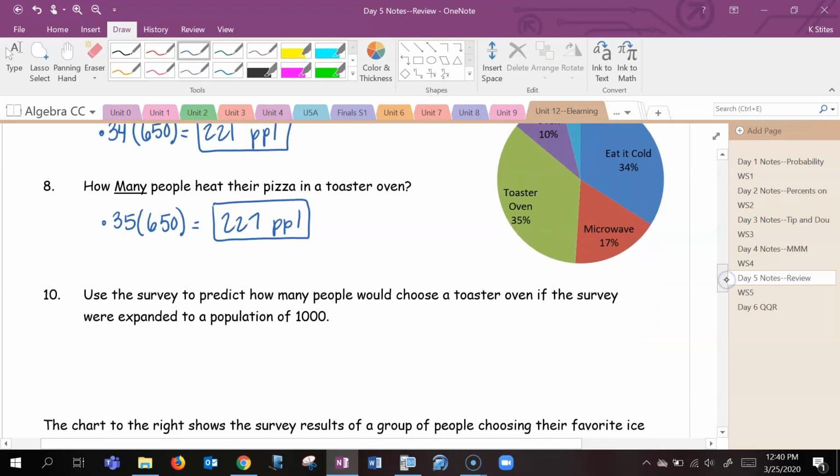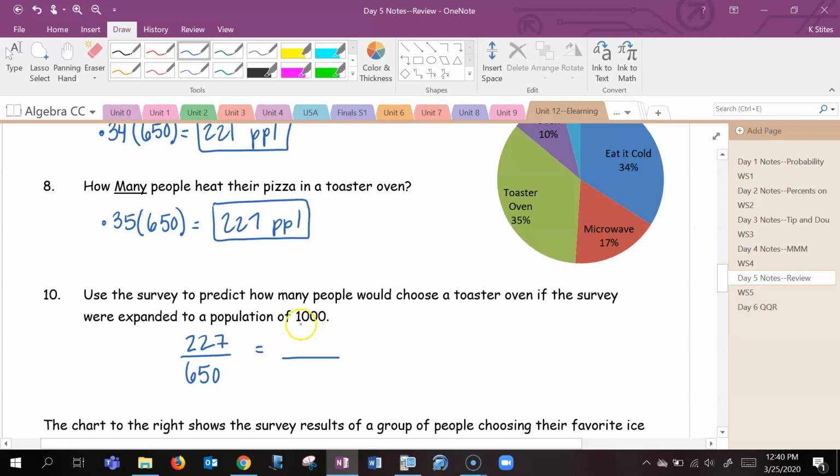Use this survey to predict how many people would choose a toaster oven if the survey were expanded to a population of 1,000. All right, so what we just determined was that 227 people use the toaster oven. So we'll start with that ratio, 227 out of 650 people. And what we're going to do is compare that to a new situation. So we'll put an equal sign. In our new situation, we're dealing with 1,000 total people.